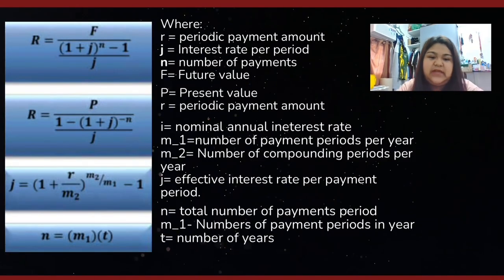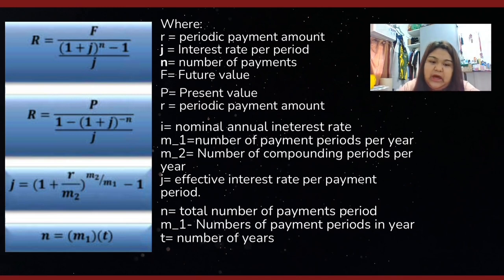So here is the set of formulas that we could use in computing periodic or regular payments for general annuities. First, R is equal to F over the quantity of 1 plus j raised to n minus 1, all over j. The second one is R is equal to P over 1 minus the quantity of 1 plus j raised to negative n, all over j.